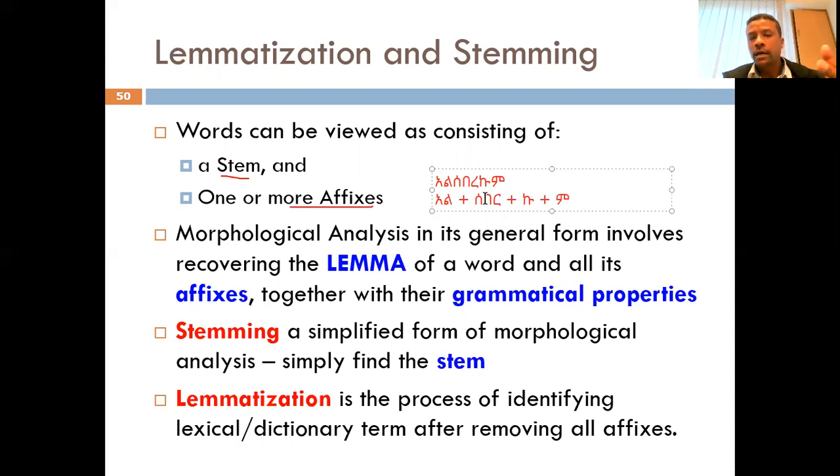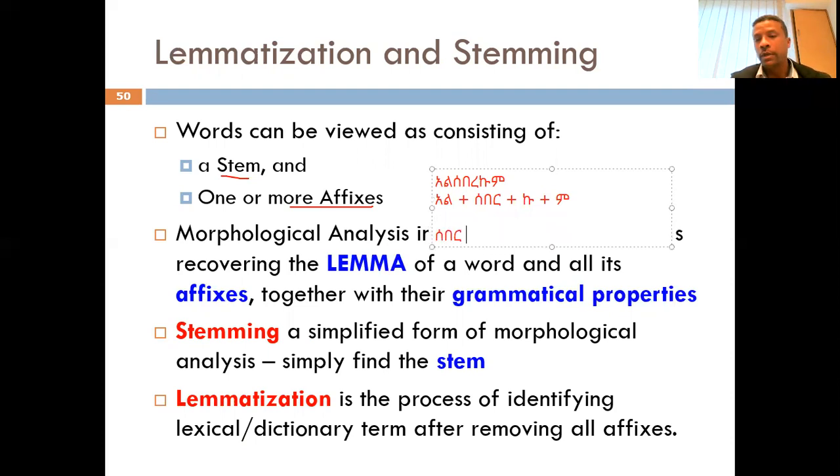So we know that a word is composed of a stem, in this case sabbar, and one or more affixes. So as you can see, we have the prefix al, and we have 2 suffixes, which are ku and me. Now, in Amharic, if you have to do stemming, then this should result in sabbar.